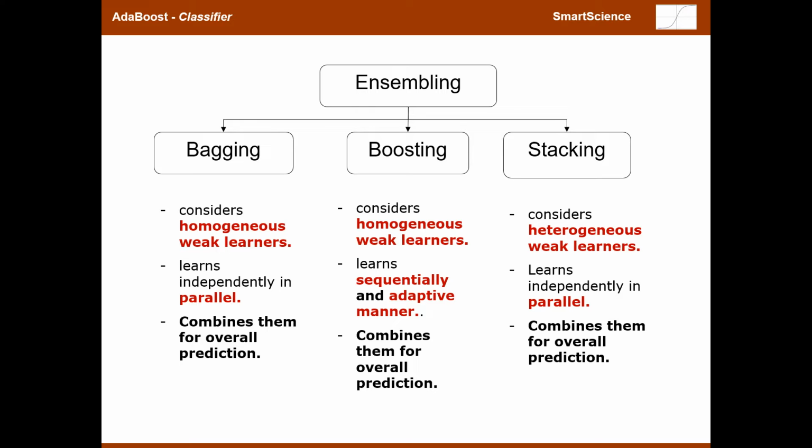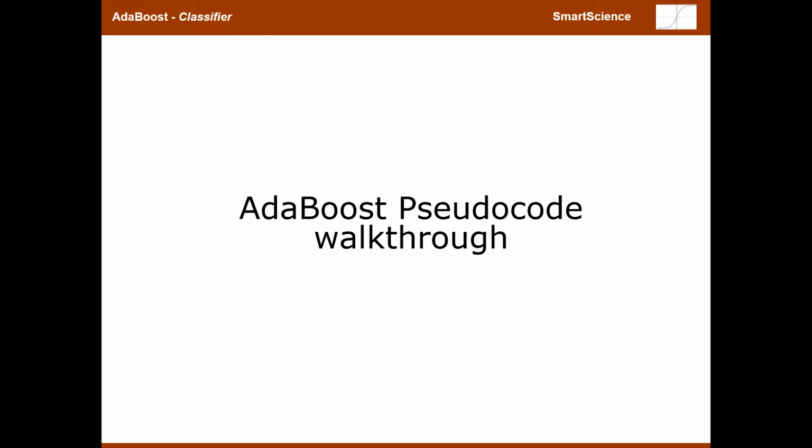So these are the broad three approaches. Of course, the AdaBoost we are going to discuss right now is an algorithm belonging to the boosting class. That means we'll build weak learners in sequence. Okay, now what we'll do is let's go through the pseudocode of AdaBoost classifier.